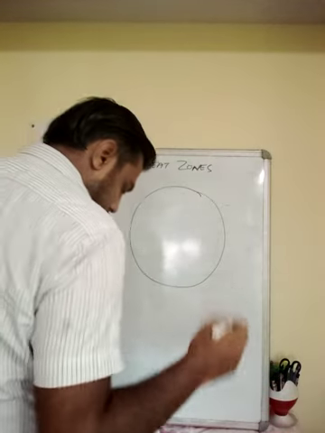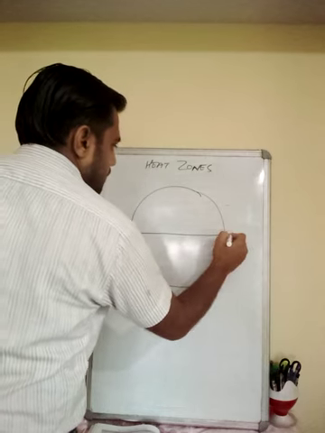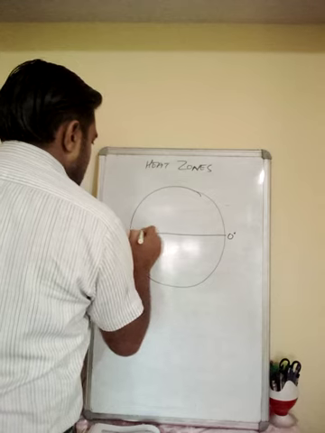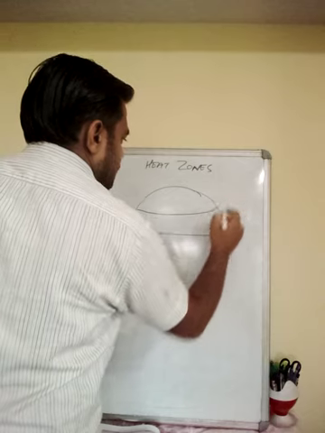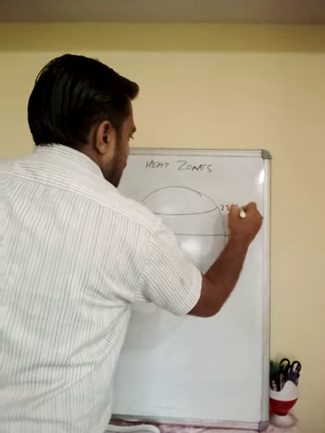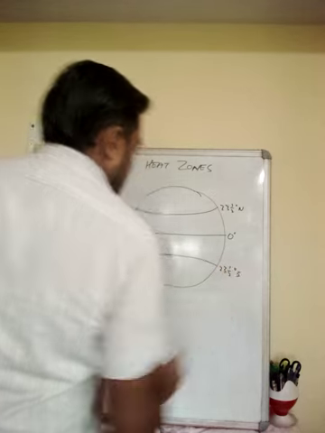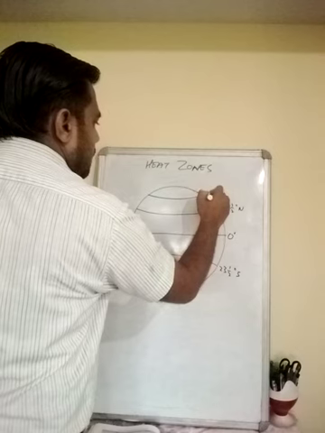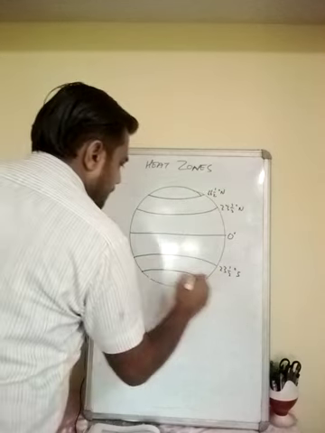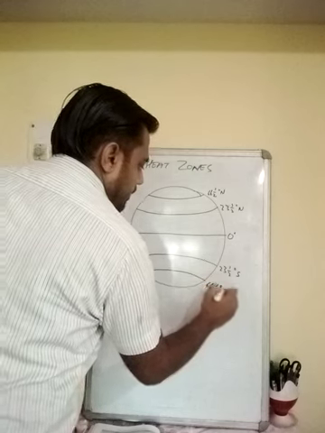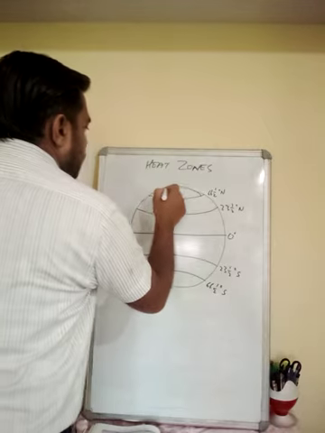I've already told you, you have your equator 0 degree, then you have your Tropic of Cancer, that is 23.5 degree north. You have your Tropic of Capricorn, 23.5 degree south. Then you have your Arctic Circle, 66.5 degree north, your Antarctic Circle, 66.5 degree south, and then you have your poles.